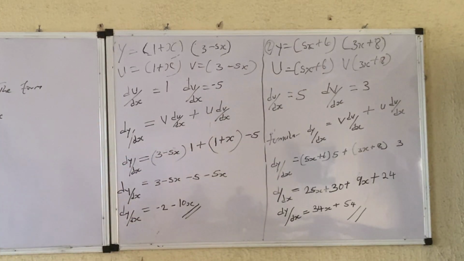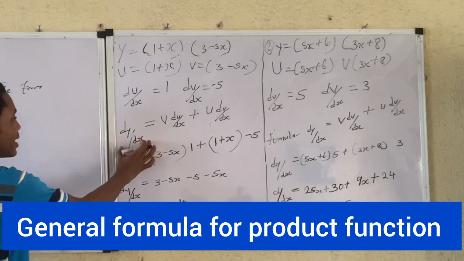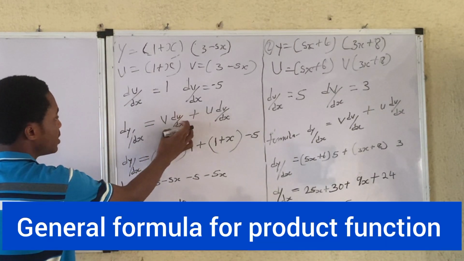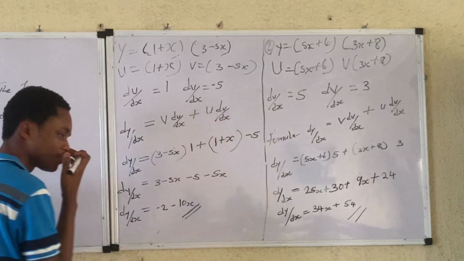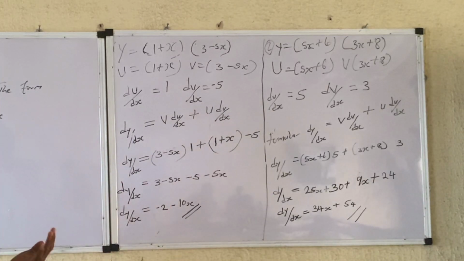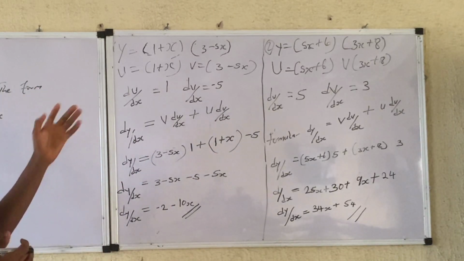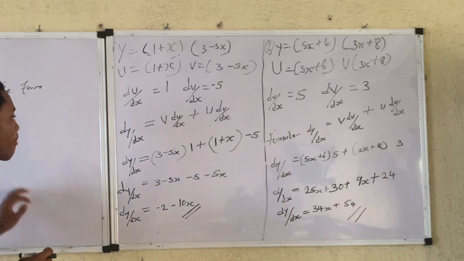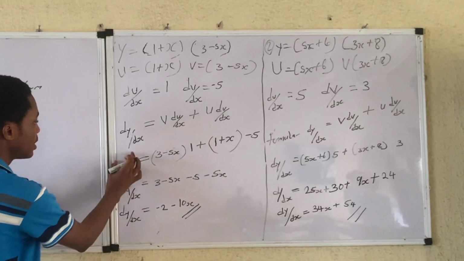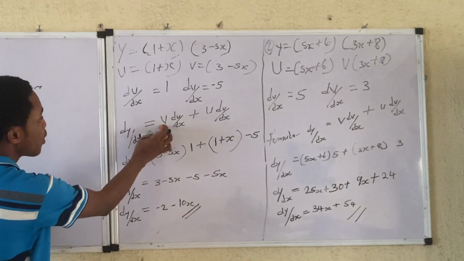That is it. Now, employing our general formula, dy/dx equals v du/dx plus u dv/dx. Please try to memorize this formula when solving product functions. Now, dy/dx equals, where is our v?